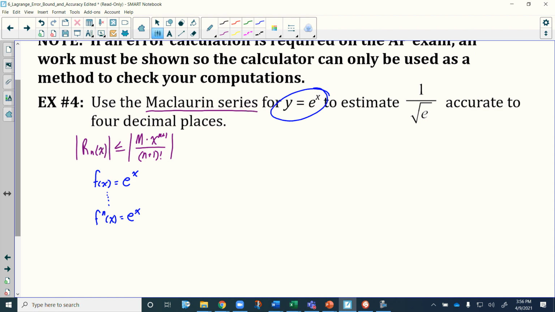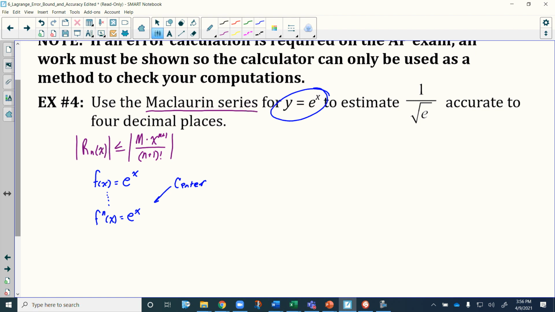Okay? Now, this is where we're going to be able to identify what the center of our expression is going to be. In this case, the center of our expression is going to be when x is equal to 0.